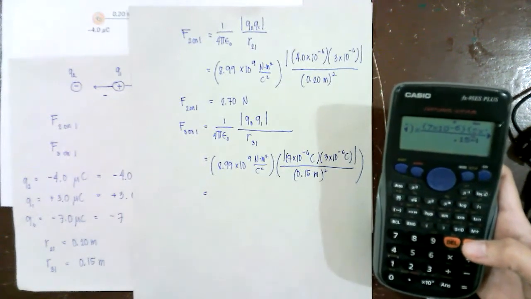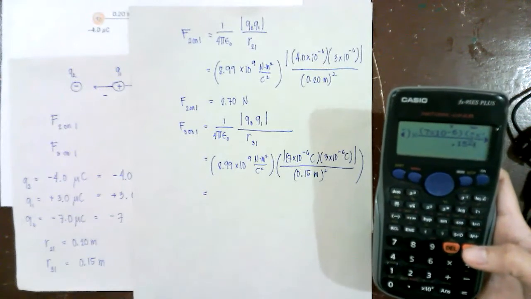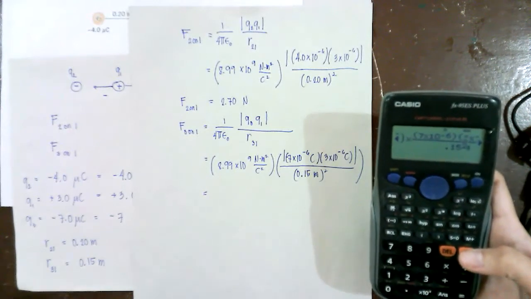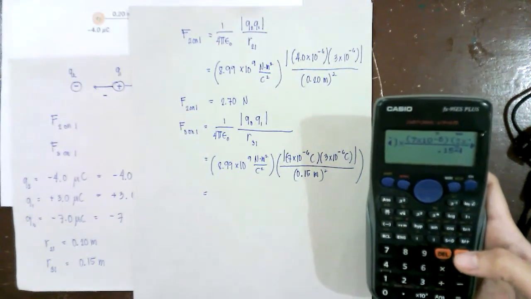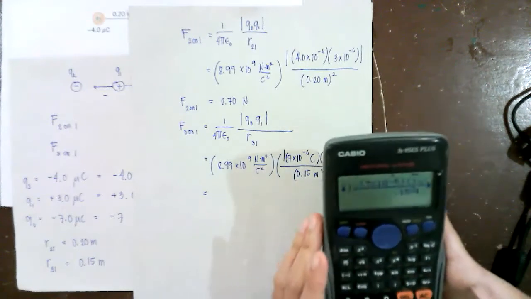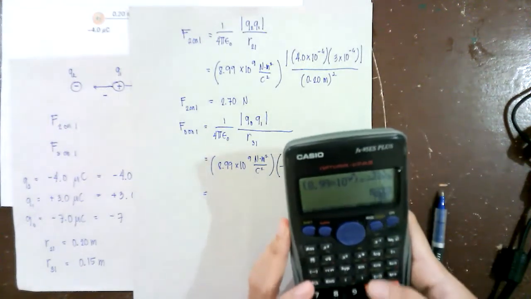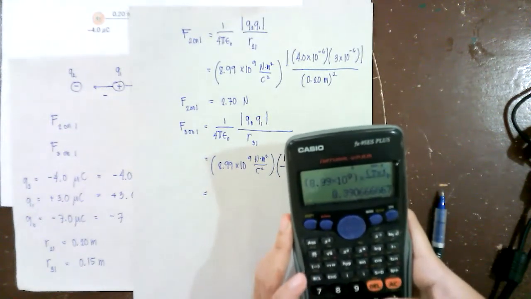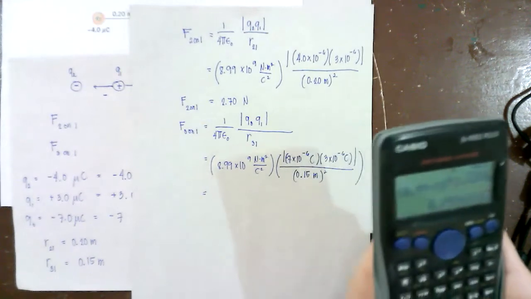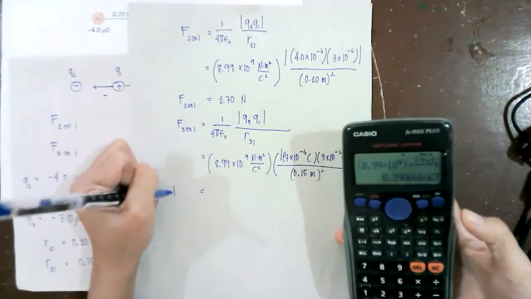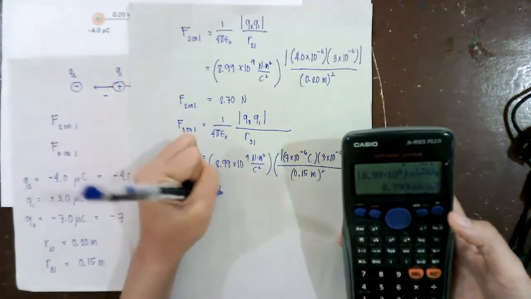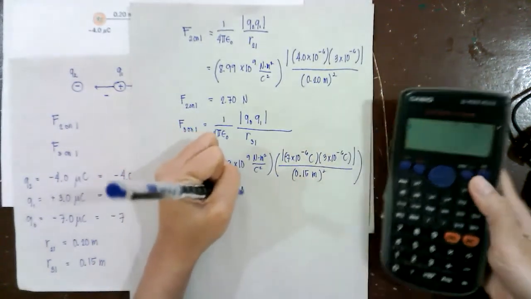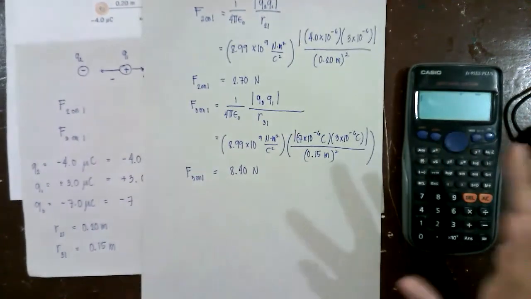So kung positive or negative ba siya, are they attracted to each other, or if they have both negative or both positive, they will basically repel each other. So here you will get 8.4 or 8.39 newtons. So your force 3 on 1 is 8.4 newtons. So now you have the magnitudes.